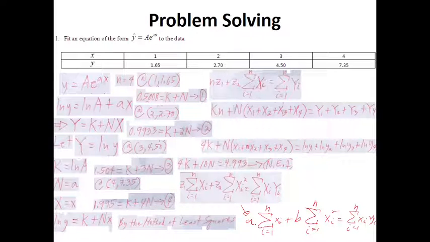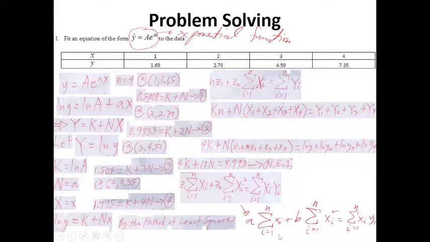Nag-iba lang yung mga letters kasi exponential talaga yung original niyan. This is an exponential function. Dahil meron siyang e. Constant yung e na 2.71828 approximately.